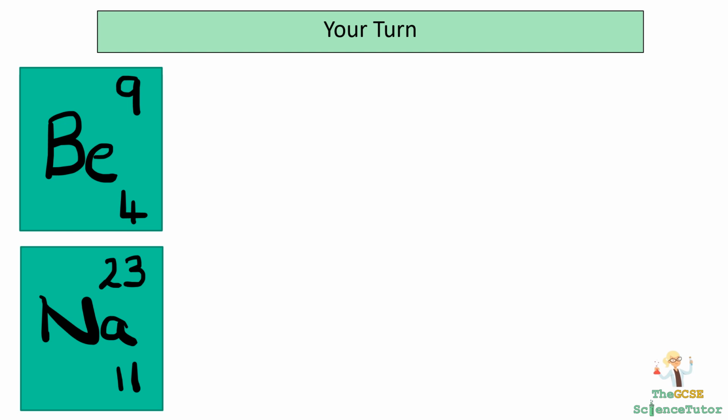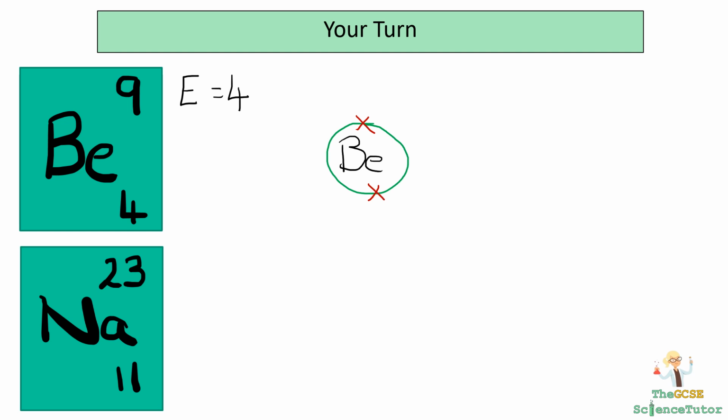If we take beryllium, we can see that the atomic number is 4, which means 4 protons. That must also mean it has 4 negative electrons. So let's take a note of that. We're going to write the symbol in the center, followed by the first shell, which can hold a maximum of 2 electrons. 1, 2.